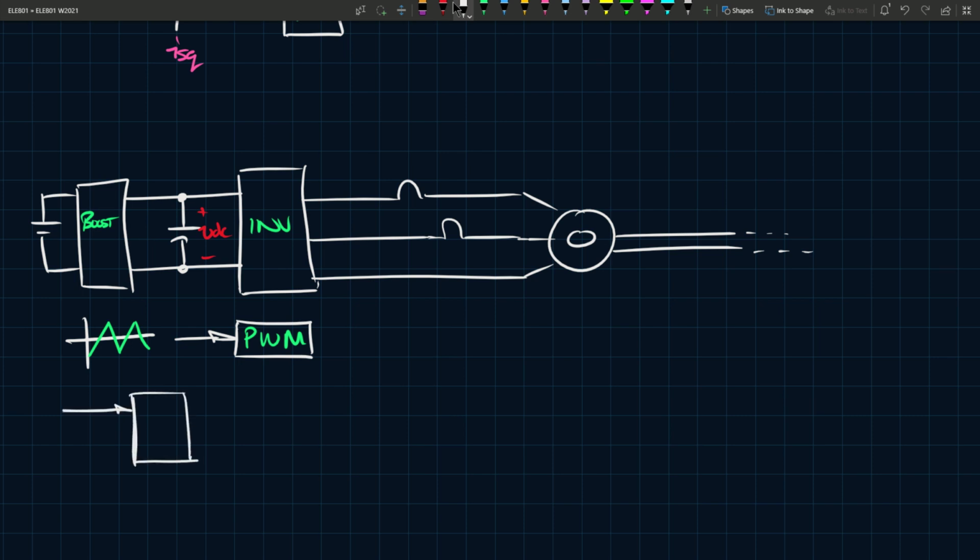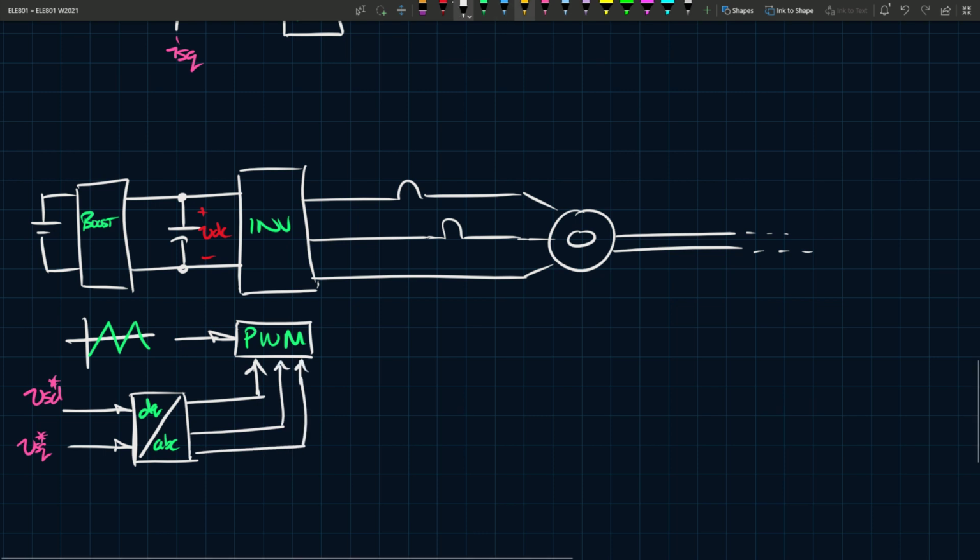So the ones we just generated. VSD reference, Vsq reference. This is DQ to ABC. That means these three signals are VSA, VSB, and VSC references.